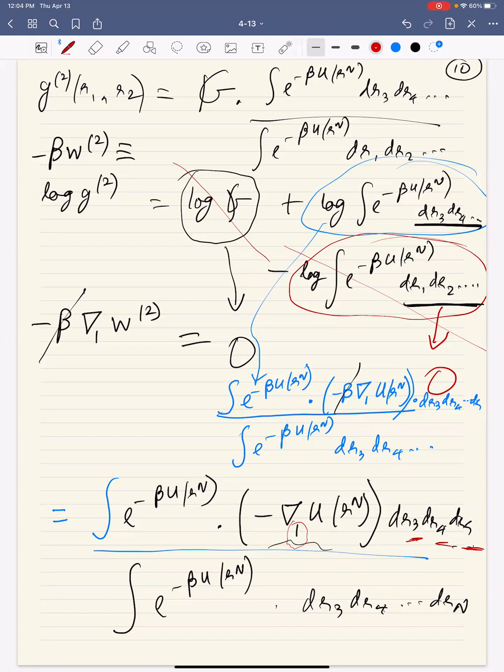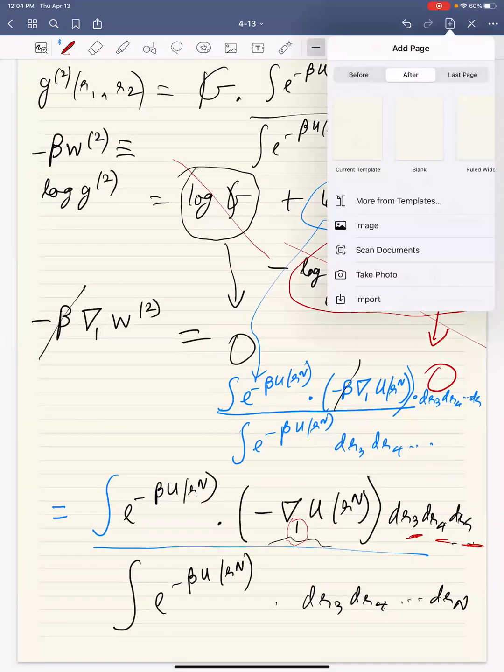So let me write this down in this equation on the next page. We have just shown that minus gradient, and to be very clear, I'm differentiating, it's a gradient. So what's the definition of a gradient? If you remember your multivariable calculus, the gradient is a vector: partial f by partial x along the unit vector x, plus partial f by partial y along the unit vector y.